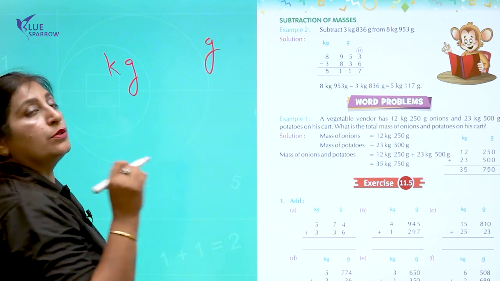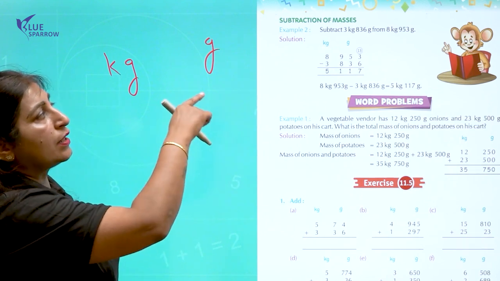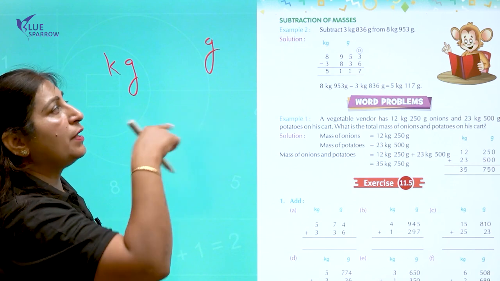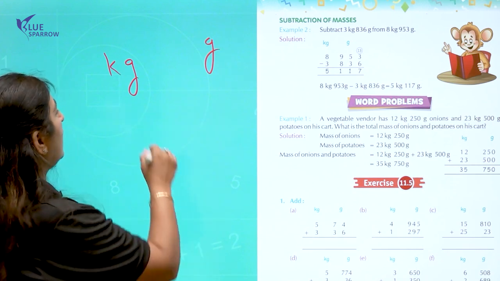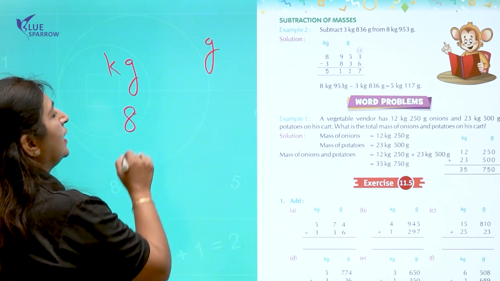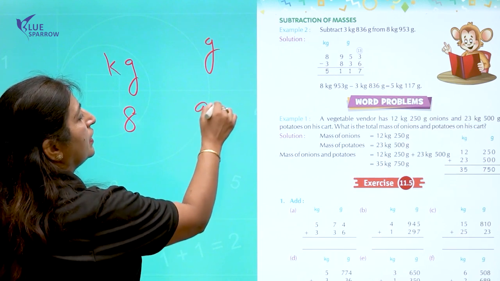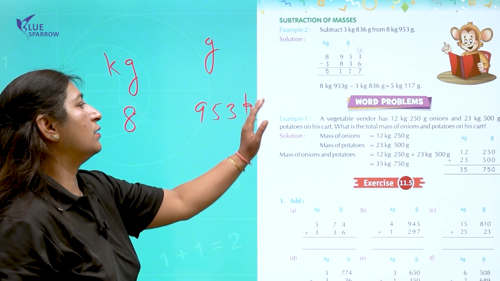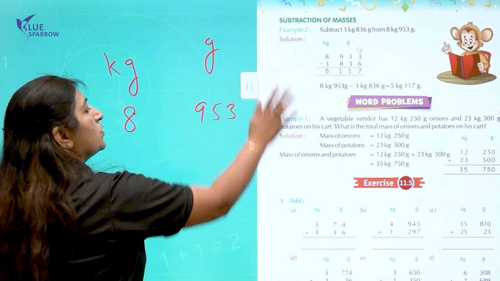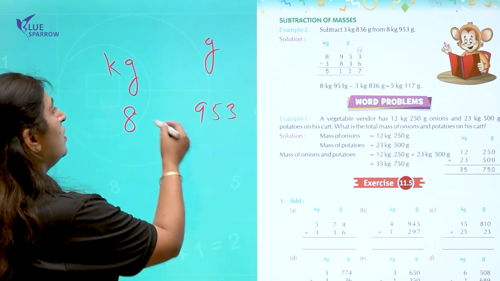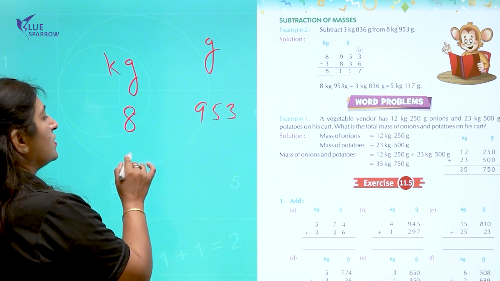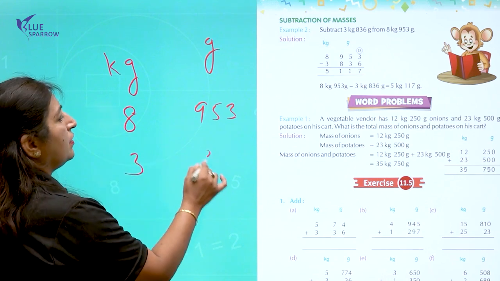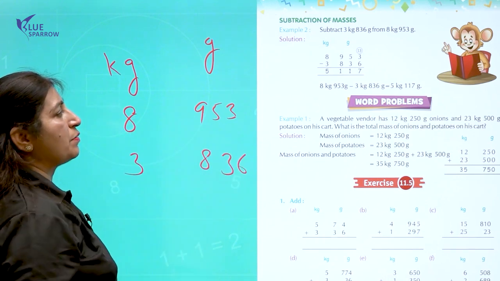So bigger number is 8 kilogram 953 grams. Gram is written over the column, so no need to write gram again. And the second mass is 3 kilogram 836 grams.